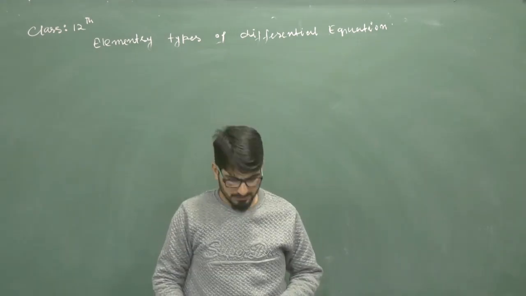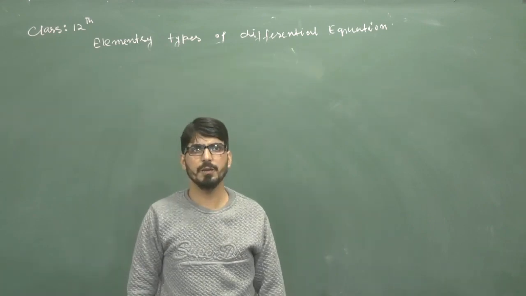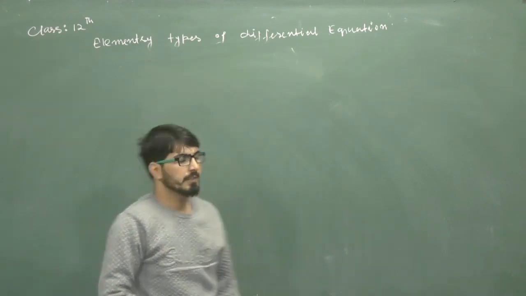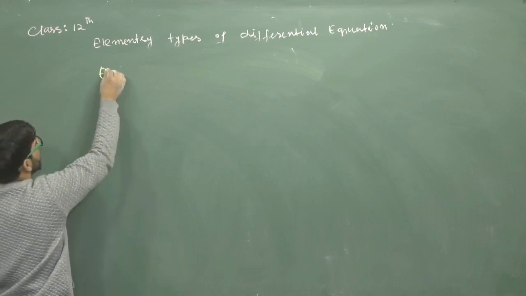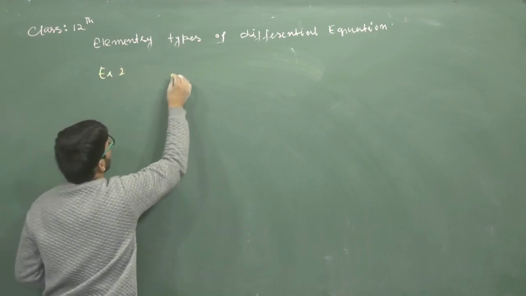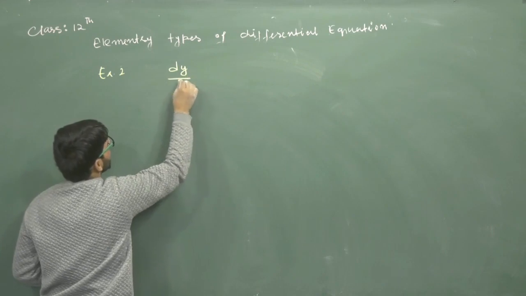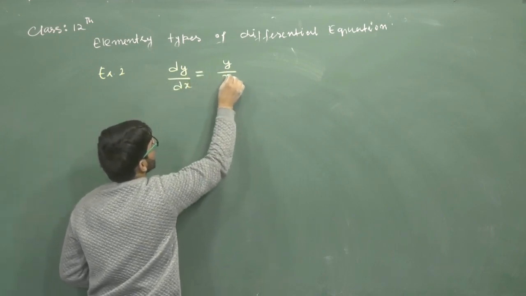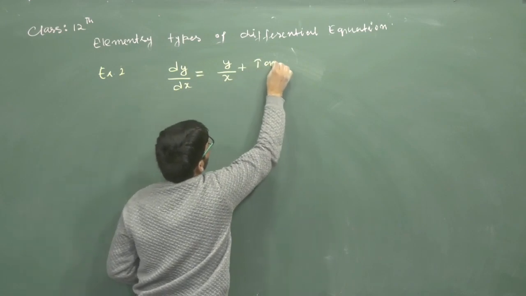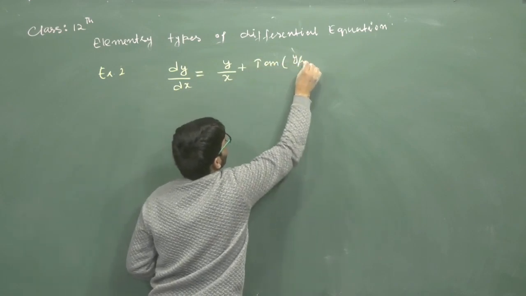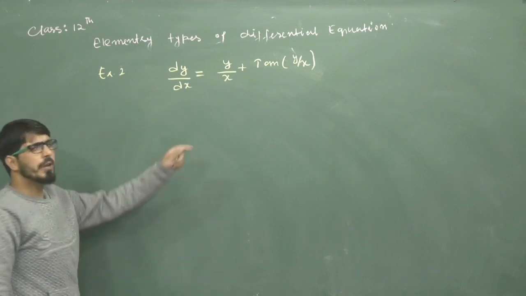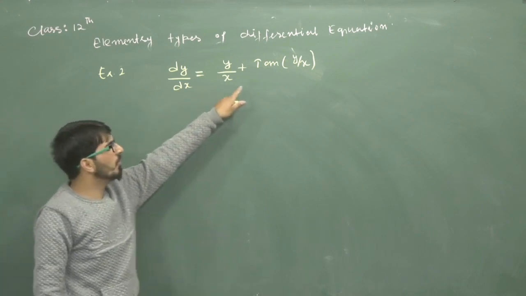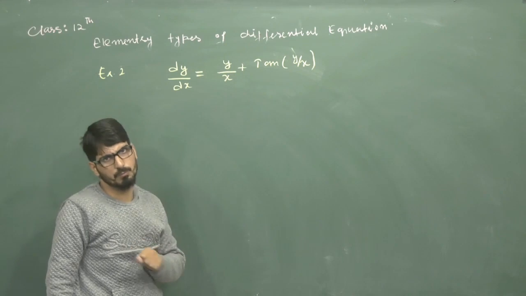Let's take example number 2 of the differential equation of homogeneous type. So example number 2 is dy by dx is equal to y by x plus tan of y by x. Here you can check, this is a homogeneous function of degree 0.